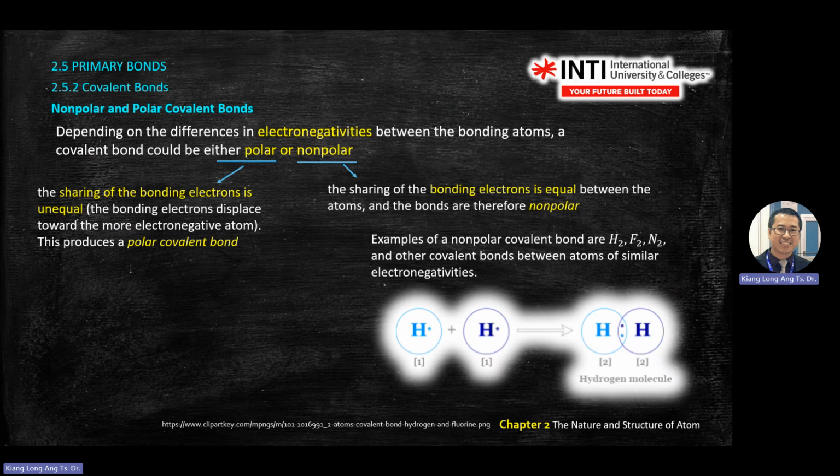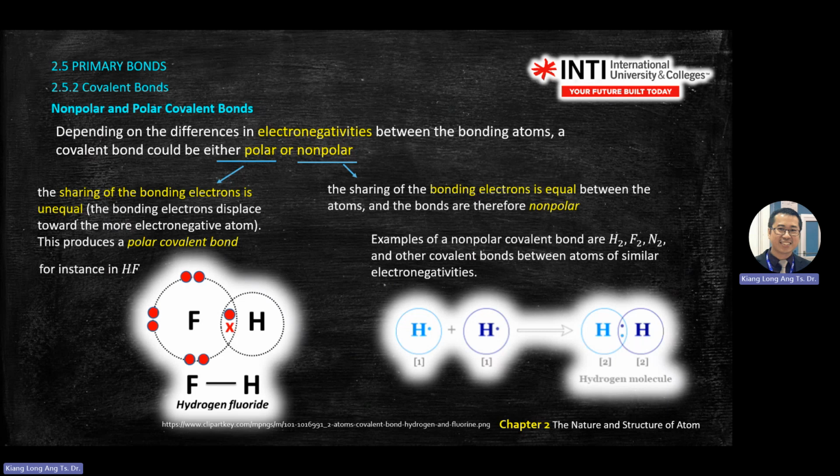The difference is whether the bonding electrons are shared equally or unequally. If equal, it becomes non-polar. Unequal, it becomes polar. Okay, for example, something like that. F and H, you see the radius is bigger compared to hydrogen.